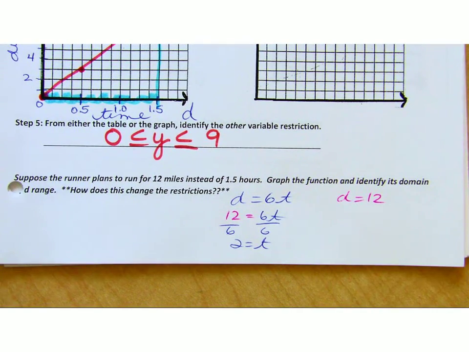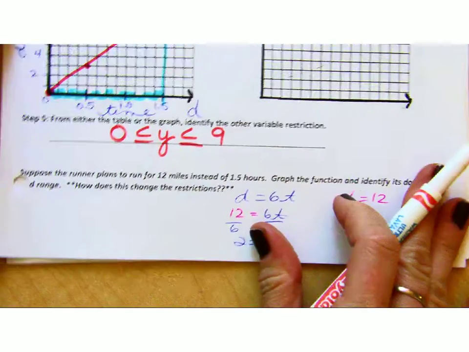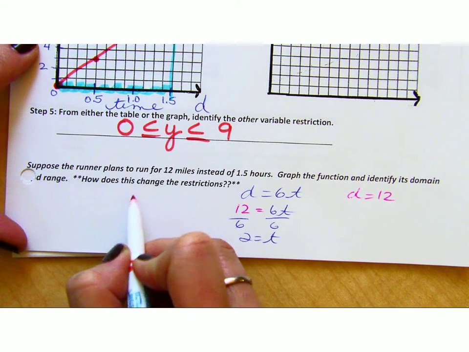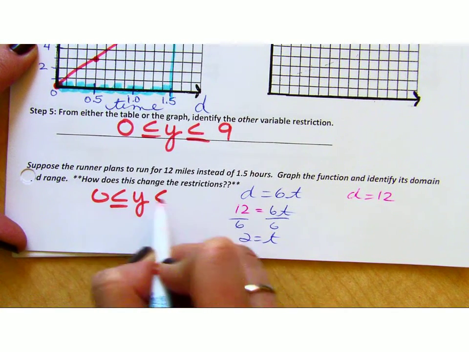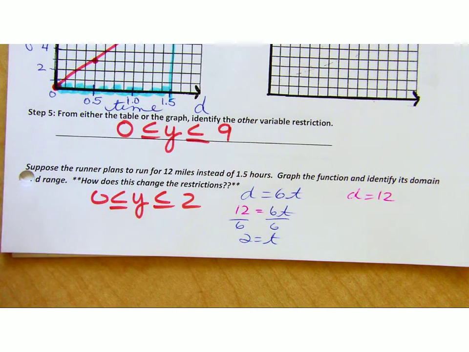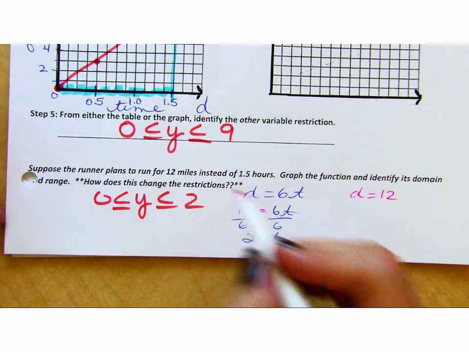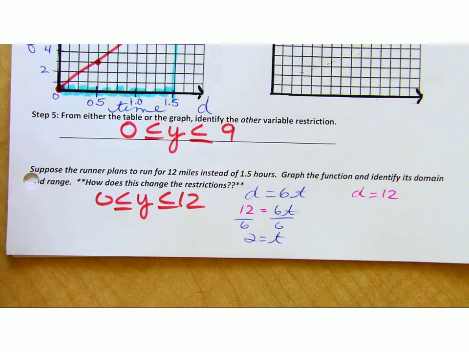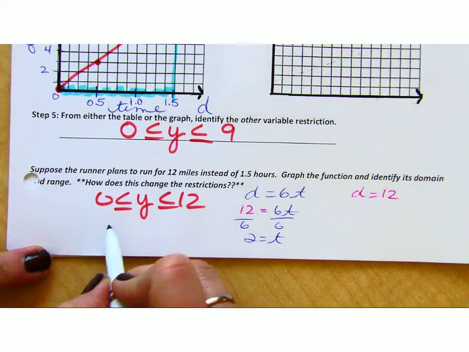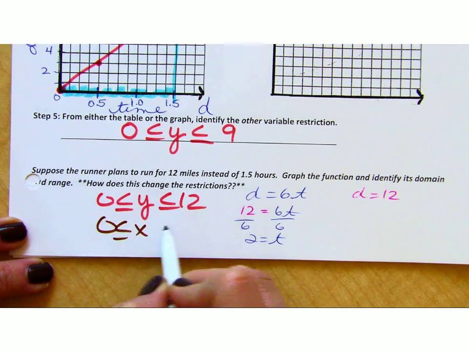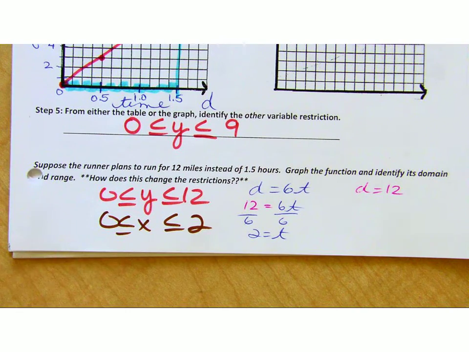So with a range restriction of 0 to 12 miles, what would his domain restriction be? It would be 0 to 2. Does that make sense? I didn't use D for domain and R for range here because kids thought that D meant distance. So you are basically working on figuring out which one is restricted. Got it? Okay, flip this over real quick.